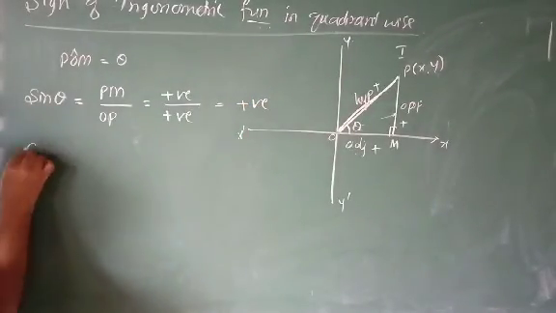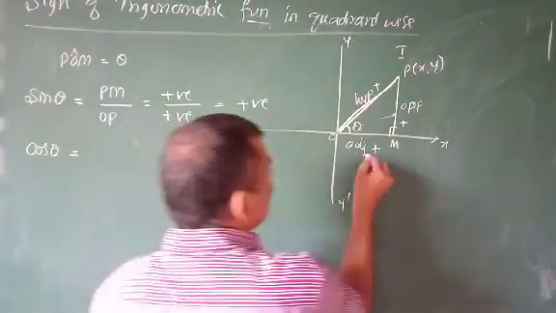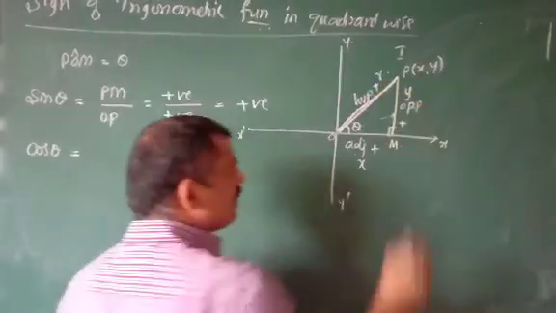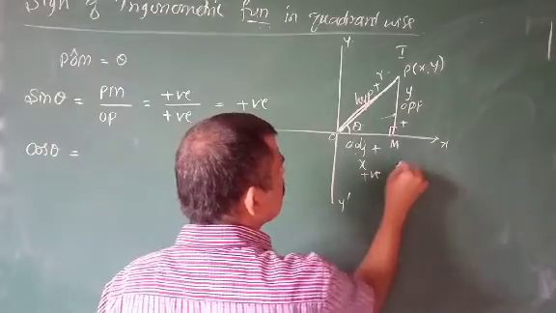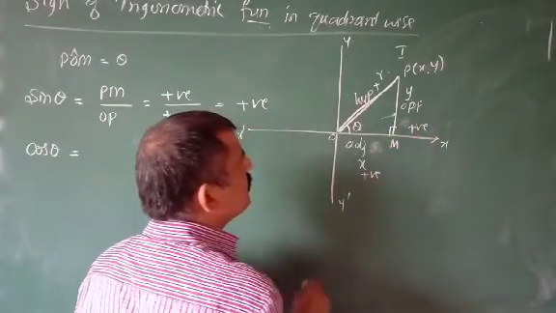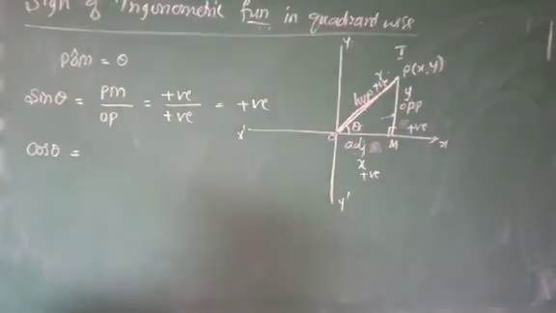Next is cos theta. Cos theta is equal to x divided by r, where r is the radius. x is positive, y is also positive, and the radius is always positive.